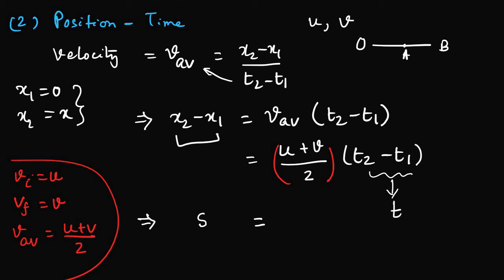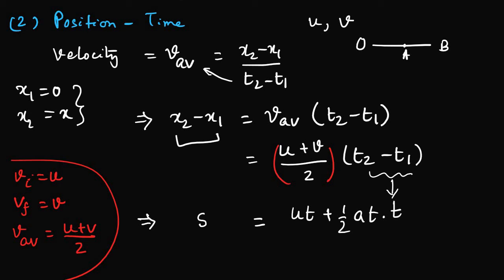Now for initial plus final velocity divided by 2, we solved it together in the previous equation also. This is going to lead us to ut plus half at square. How so?